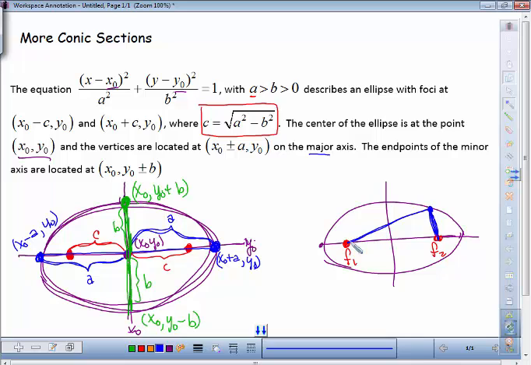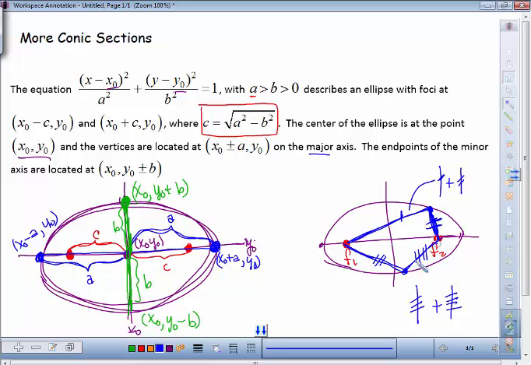So imagine adding up this distance over here. That will have the same amount of distance if you go anywhere else on the ellipse. So this distance plus this distance, let's say the 1 tag plus the 2 tags, will be the same as the 3 tags plus the 4 tags.